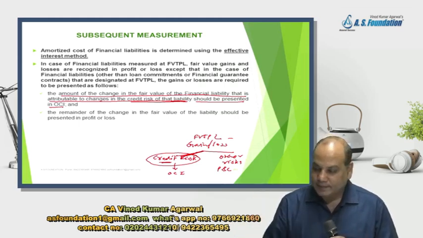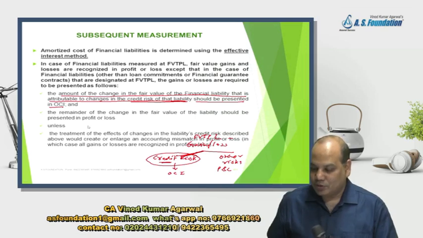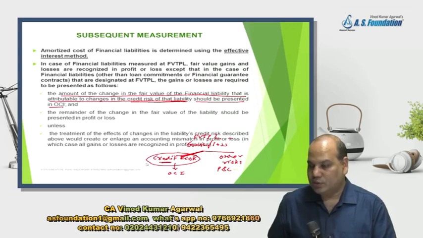Okay. But again, there is an exception. Again an exception. Unless the treatment of the effect of change in the liability's credit risk described above would create or enlarge an accounting mismatch in the profit and loss account, in which case all gains and losses will be recognized in the P&L account. So I will repeat this last paragraph in simple terms.